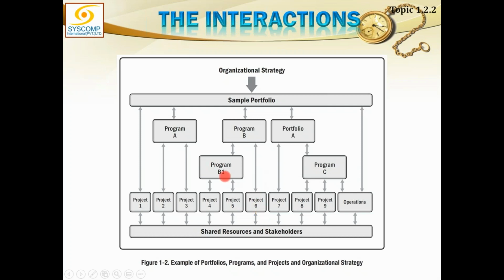Right? Now, the benefits coming from program B1 and the deliverable coming out of project 6 will be consolidated by program B to form the consolidated benefit of program B.